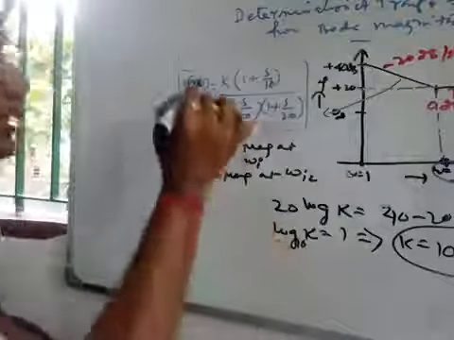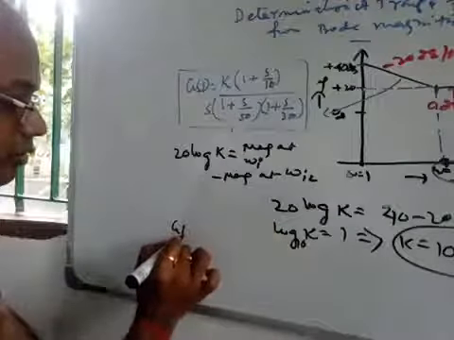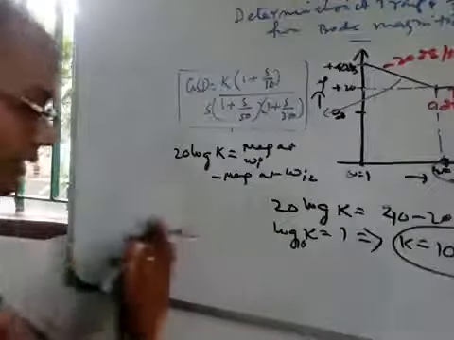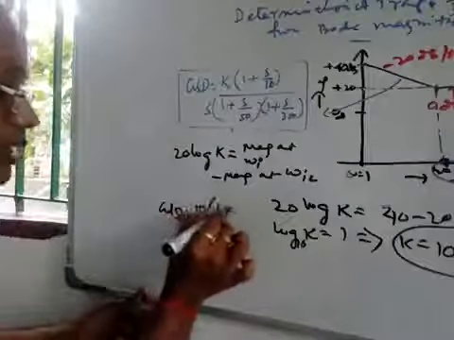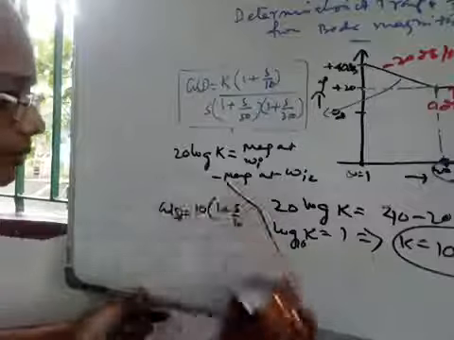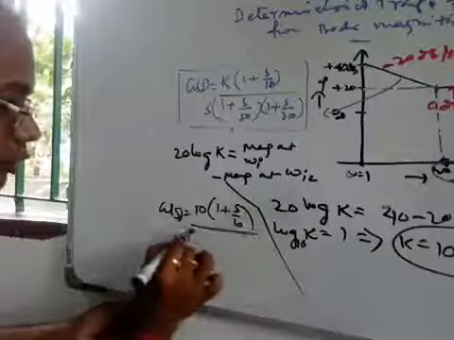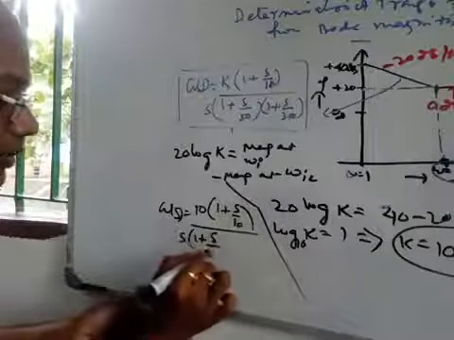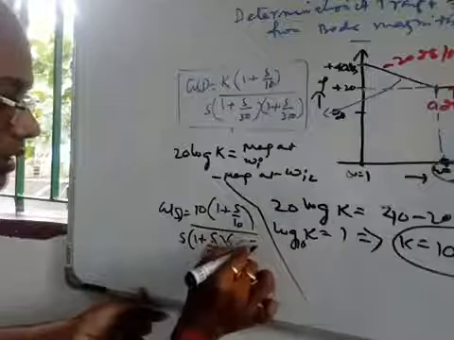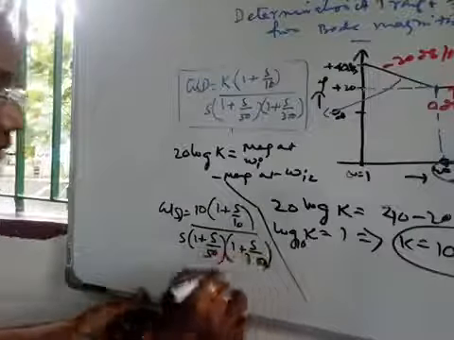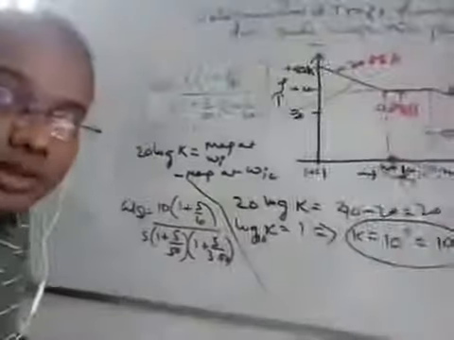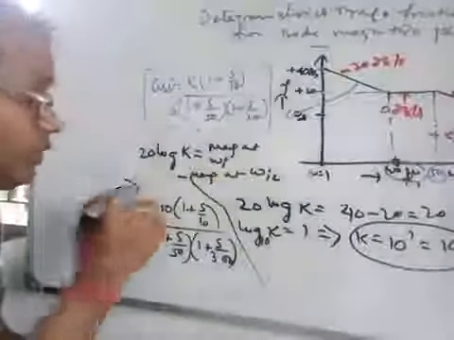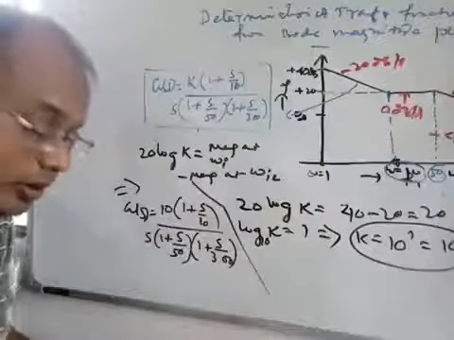Finally you obtained G(s) equal to 10 into 1 plus s by 10, divided by s into 1 plus s by 50 into 1 plus s by 300. Right? So this is the concept of how you can get the transfer function for the given Bode magnitude plot.